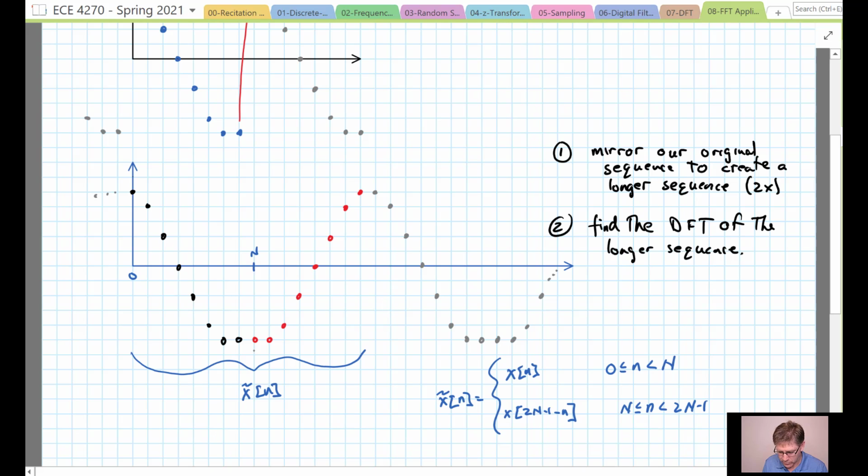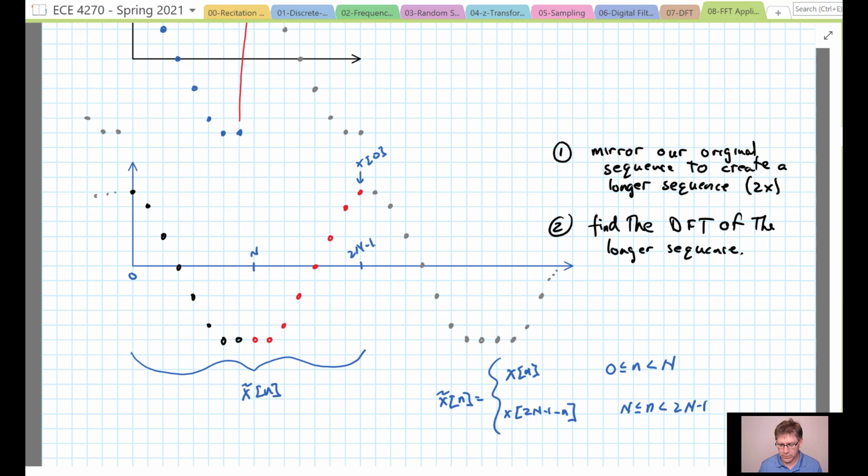And now we're working backwards all the way up to when n is equal to 2N minus 1, in which case this corresponds to x of 0. So that's 2N minus 1. And so now we have a sequence that's 2N long, and we've replicated it this way.